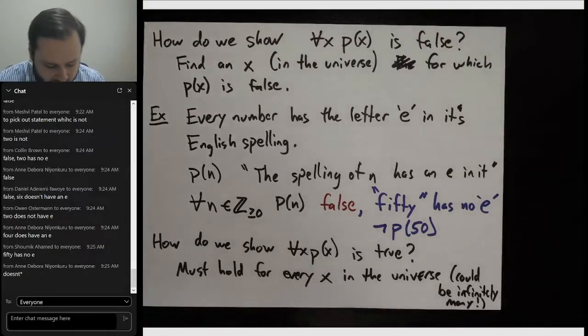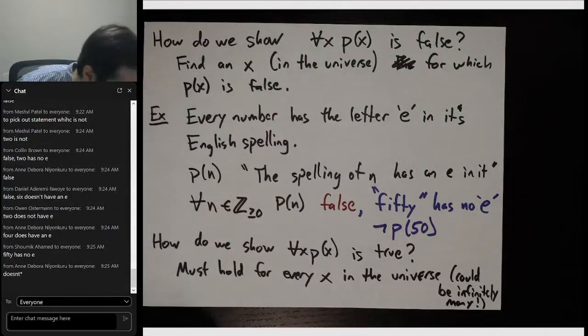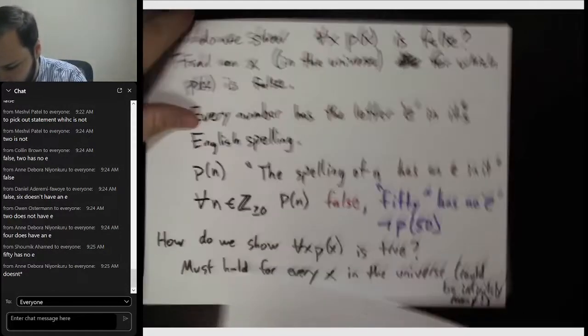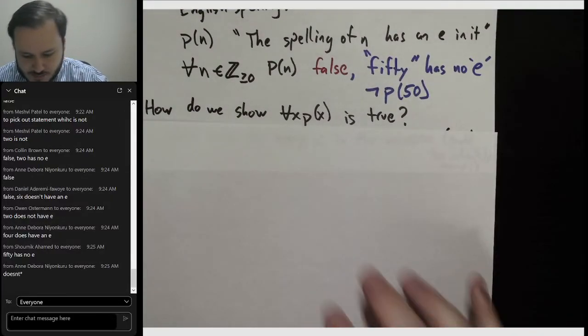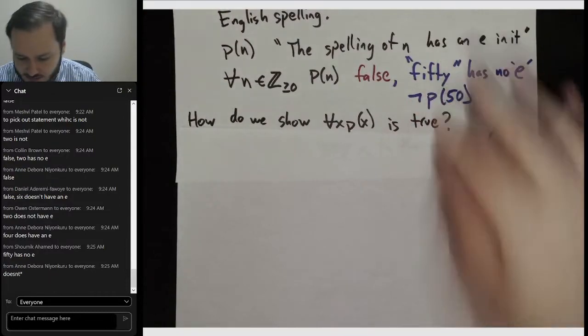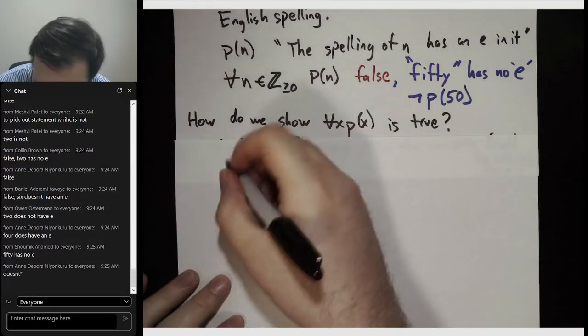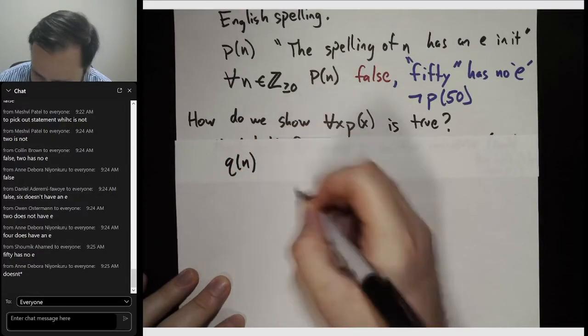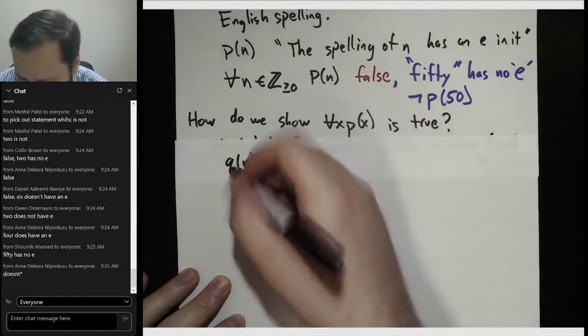Your universe could have infinitely many things in it. So I want you to think about this statement. So that was P of n. Here's my next statement, Q of n. My statement is the same.